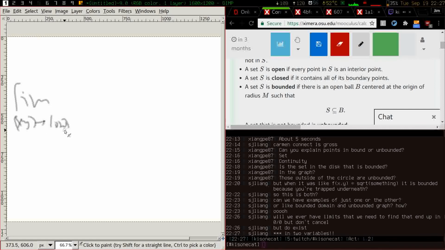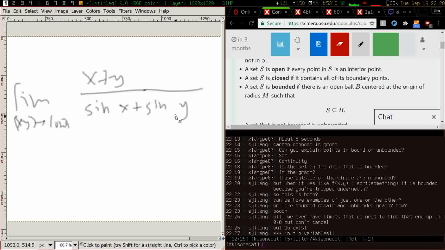The limit as (x, y) goes to (0, 0) of, say, x plus y divided by sine of x, plus sine of y.